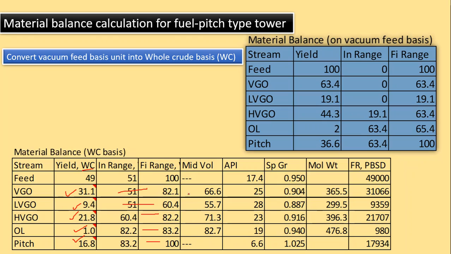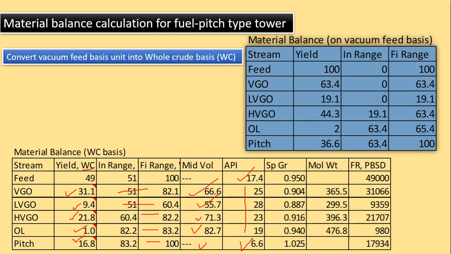So VGO, LVGO, HVGO and overflash are all distillates. Pitch is the bottom, that's why we don't need the mid volume percent. We have graph 11 for the calculation of API of the pitch, which gives 17.1. All the other values are calculated with the help of graph 1, and this value is given by graph 11.